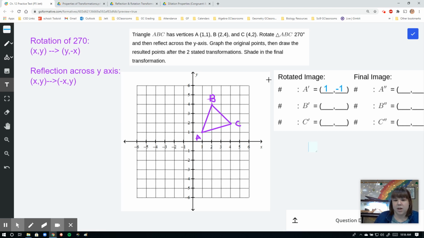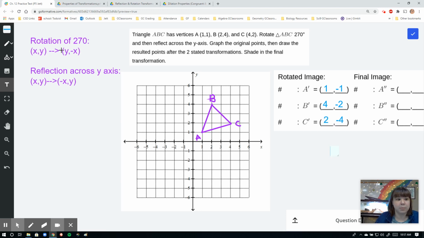Okay. For B, we've got two different numbers, so we need to flip it. So instead of (2, 4), it's (4, 2). And then we need to make it negative, so it's going to be (4, -2). Last one for C prime. Instead of (4, 2), it's going to be (2, 4). And we're going to change that 4 to a negative, so it's going to be (2, -4).